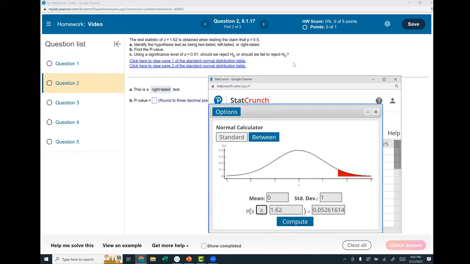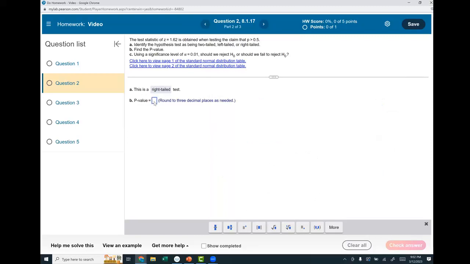And notice that's my p-value. So the p-value is this area under the curve. And we're going to round to 3 decimal places, 1, 2, 3. That last number is going to go up to a 3 because the one next to it is a 6. So I'm just going to copy and paste in here and make this a 3.